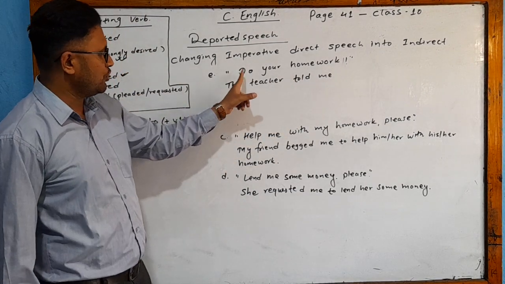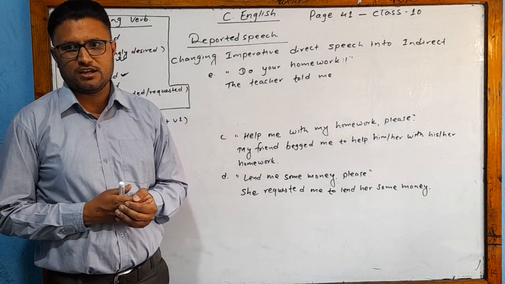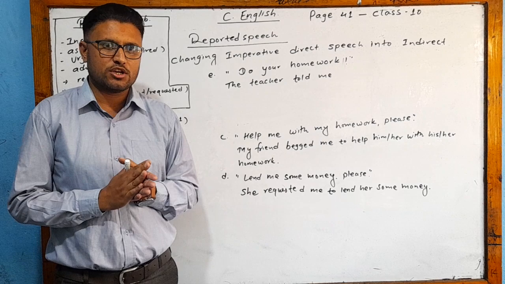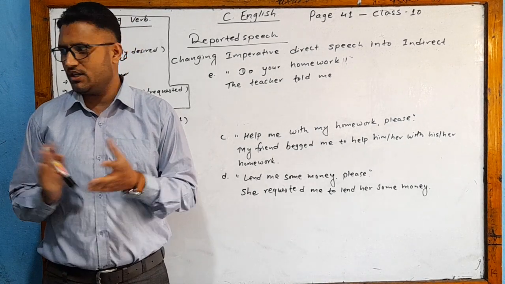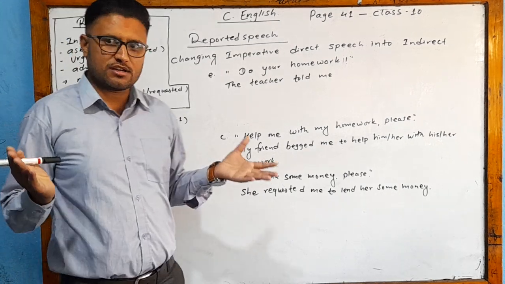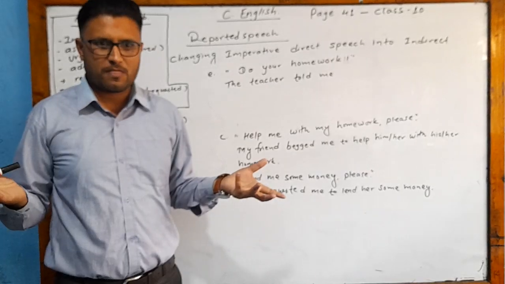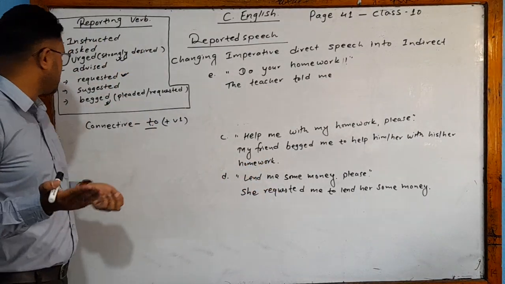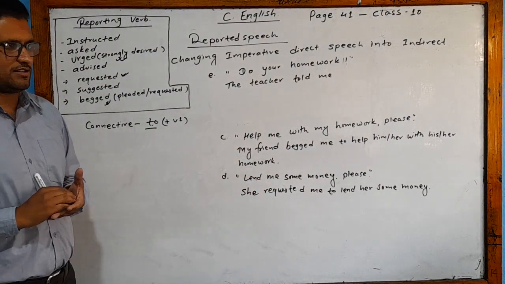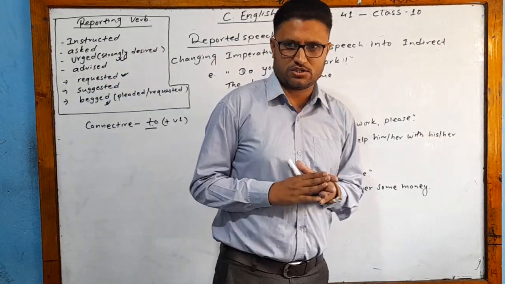So, do your homework, the teacher is saying to students. So, when a teacher says, do your homework to his or her student, what is it? It's a request, instruction, order, suggestion, advice, what? So it is necessary to see this.